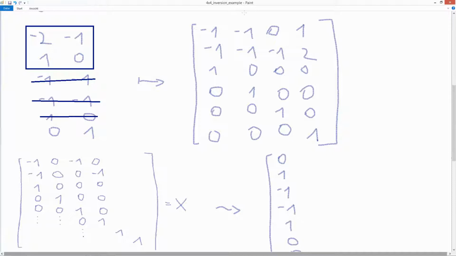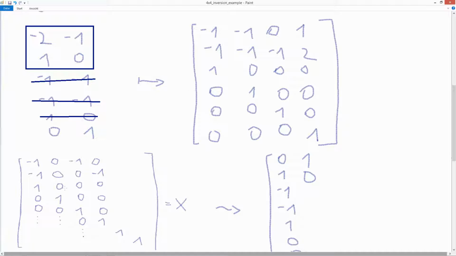Okay, the next column here, we will insert it in the matrix X. So -1 times -1, 0, 0, which yields 1. -1 times -1 is 1, -1, which is 0.